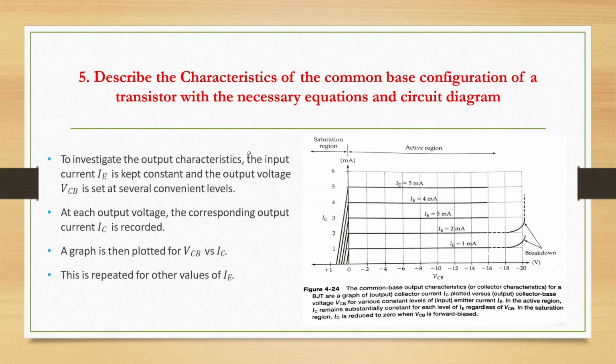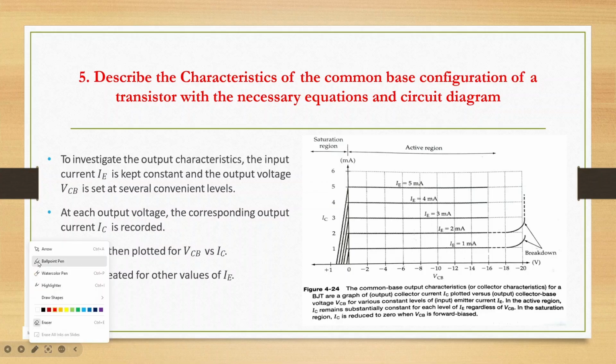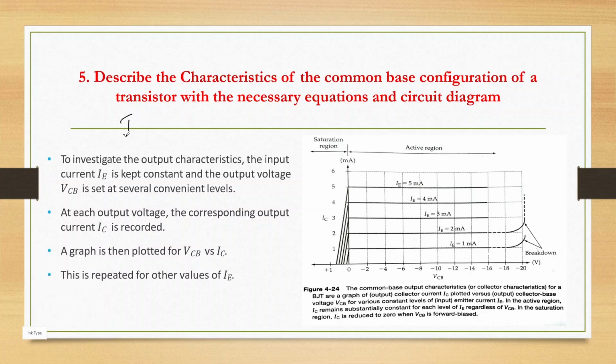Next, we are going to draw the output characteristics of the common base configuration of the transistor. Here we keep IE, the emitter current, constant at a certain value, maybe 1 milliamp, 2 milliamps.